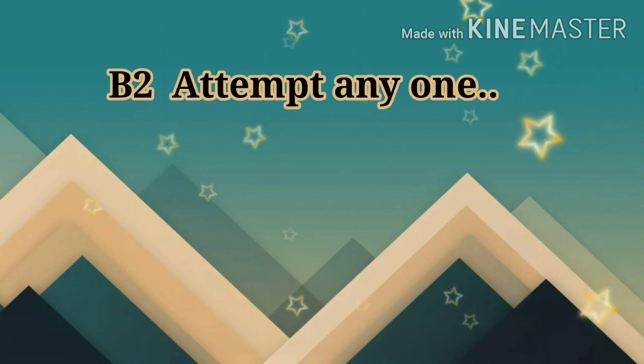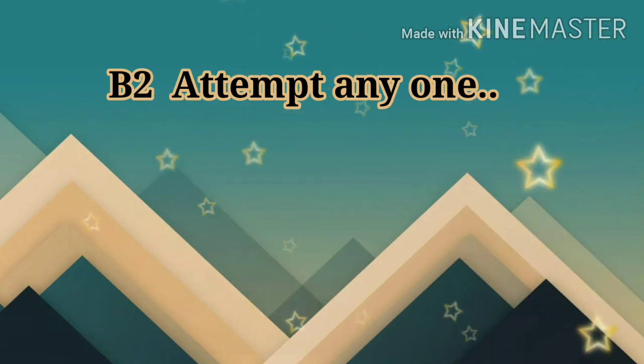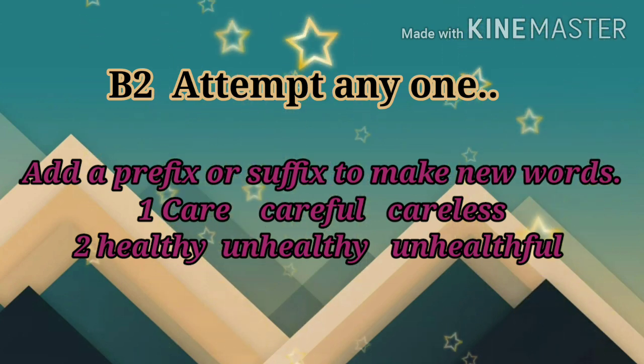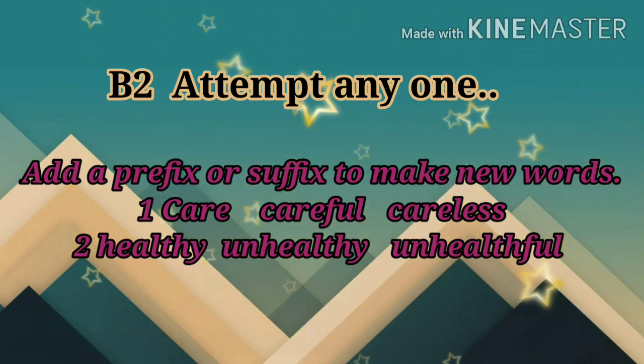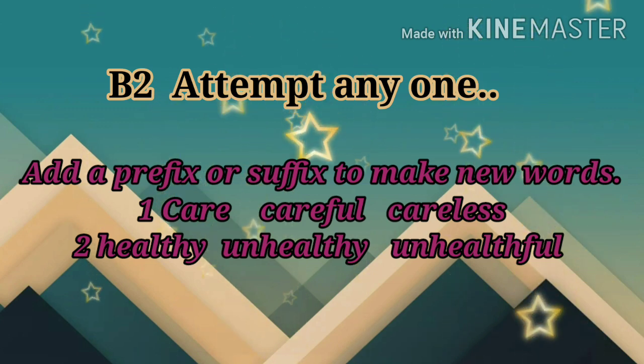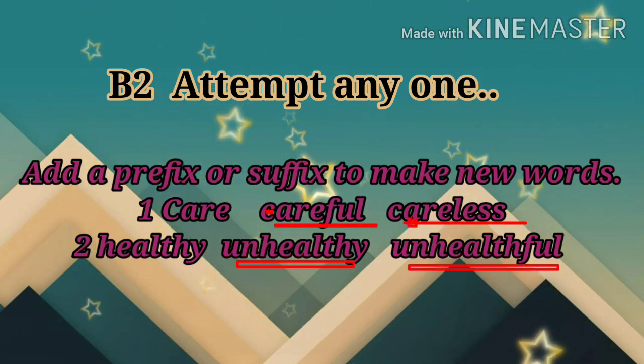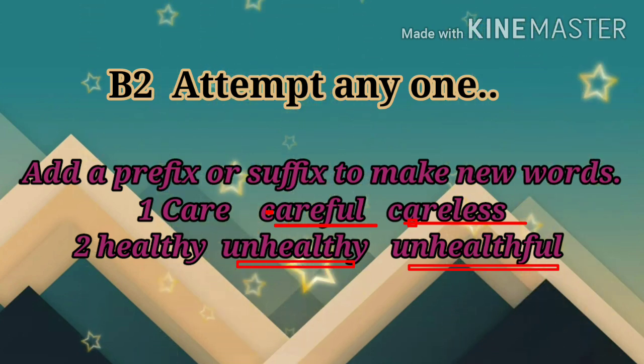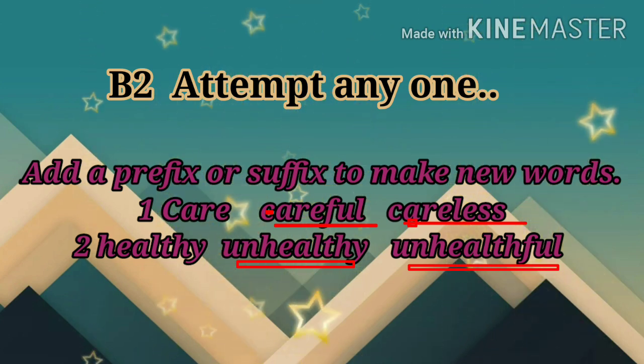Now next one, B2, attempt any one. Number 1 is add a prefix or suffix to make new words. And you have to write how many words? 2 words. Now the word given over here is care. Either we can write careful, careless, we can add this suffix.